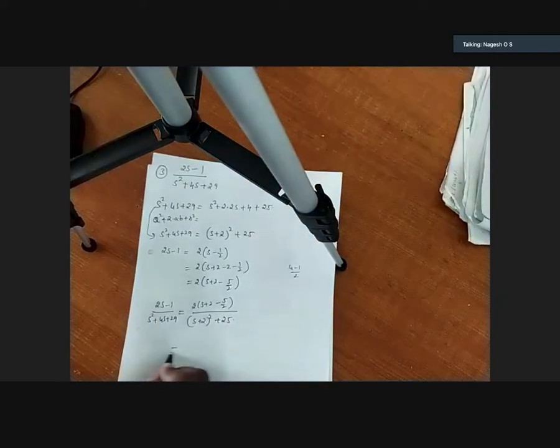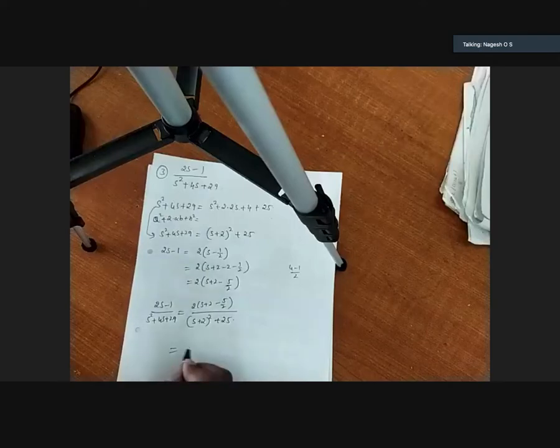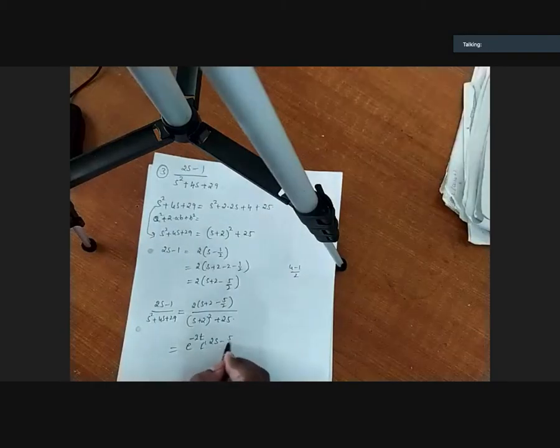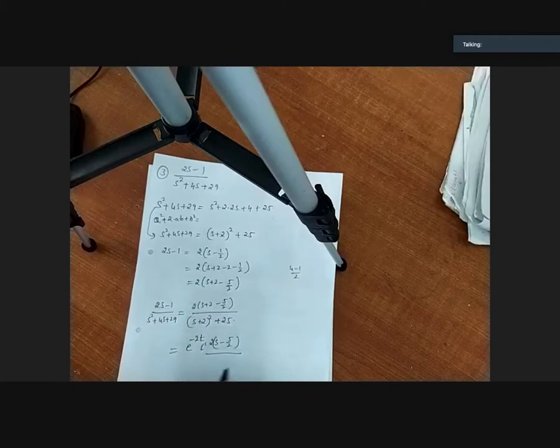Now, replace this s plus 2 by s, multiplying by e power minus 2t, and then replace s plus 2 by s: s minus 5 by 2 divided by s square plus 25.